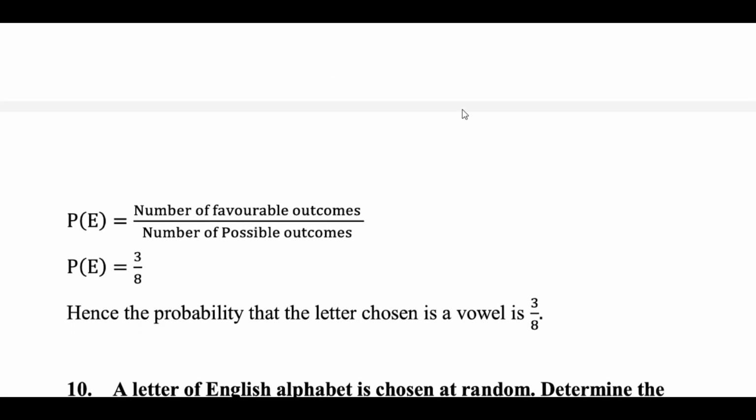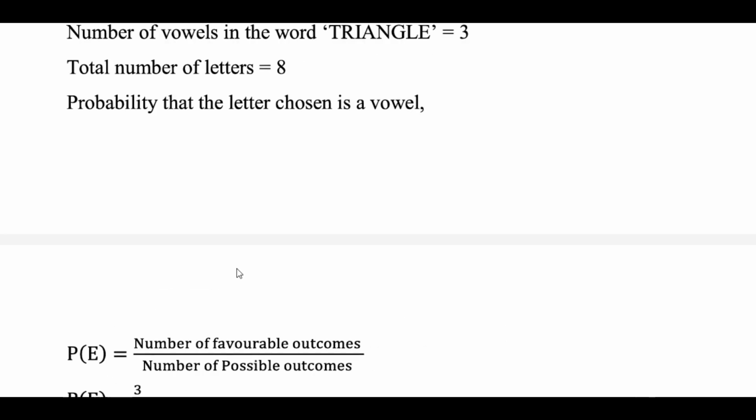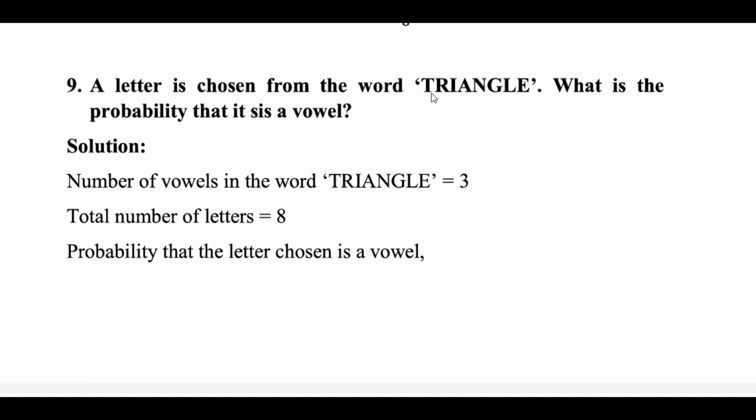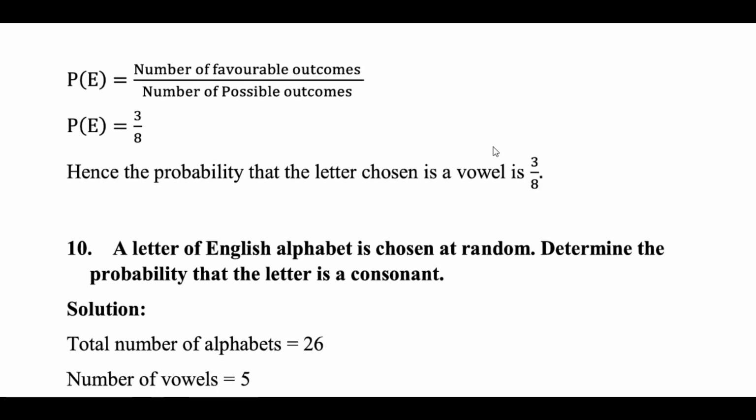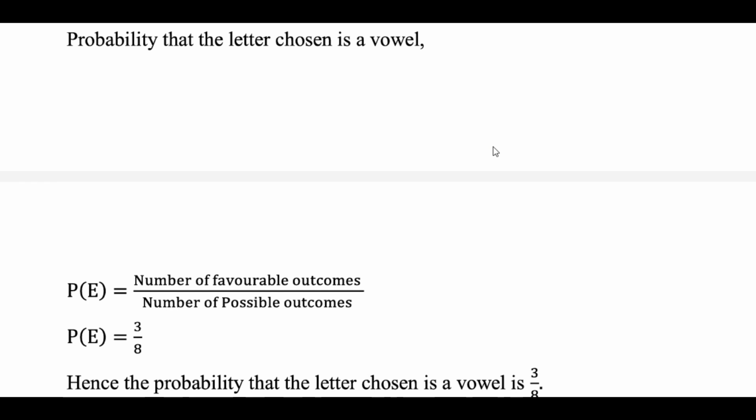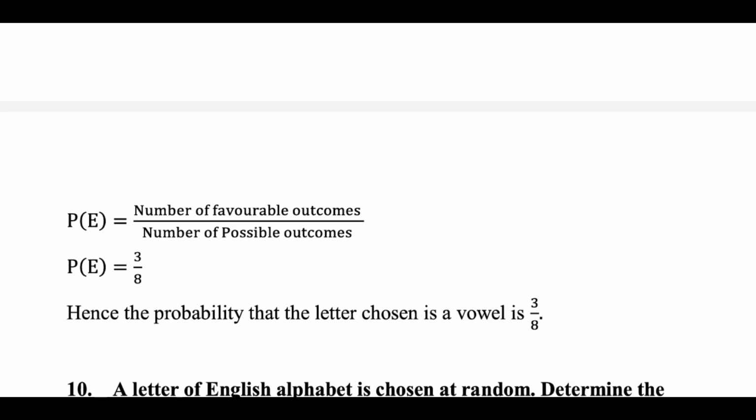So the total number of favorable outcomes, that is the vowels, will be only 3 out of the 8. See, so 1, 2, 3, 4, 5, 6, 7, 8. Okay. So our favorable is only 3. That is the vowels. So the required probability will be 3 by 8.